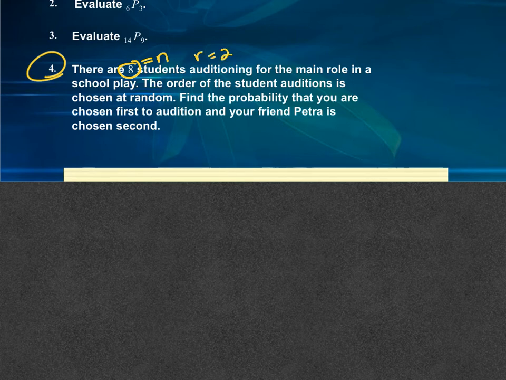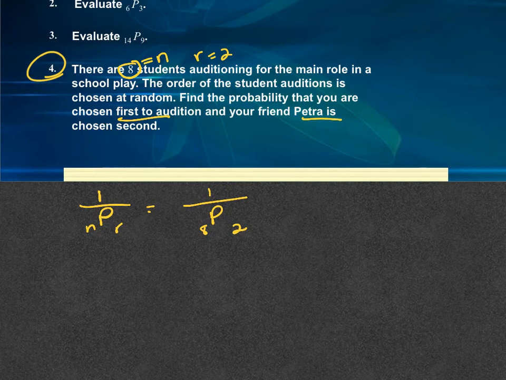And because I only want me to be first and Petra to be second, there's only one way to fill that. So I'm going to do 1 over nPr, or 1 over P(8,2). I'm going to go back to my probability menu. So math, probability, nPr, 8, 2, and I get 1 out of 56.